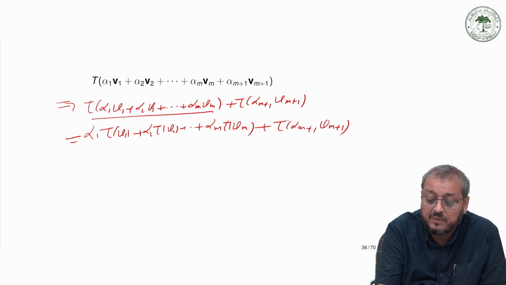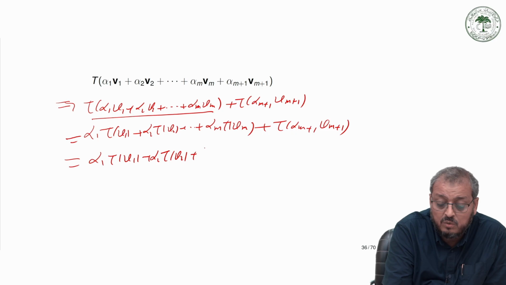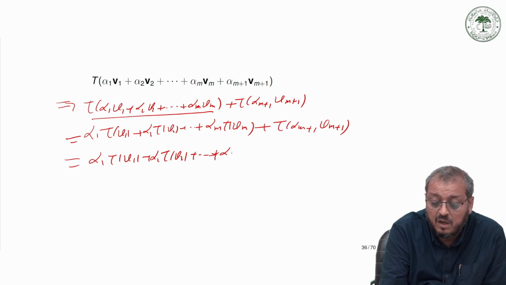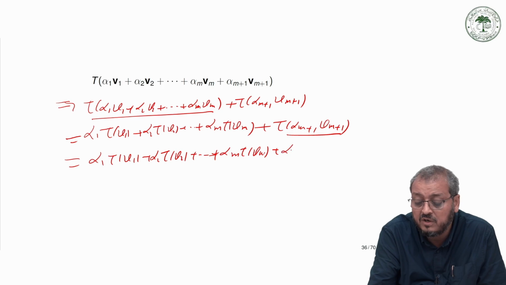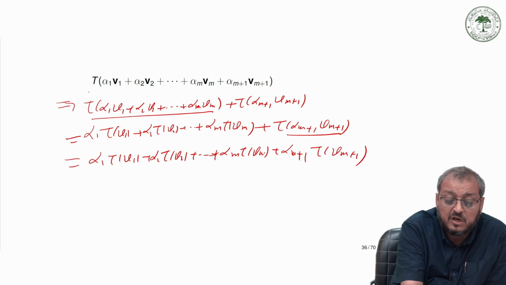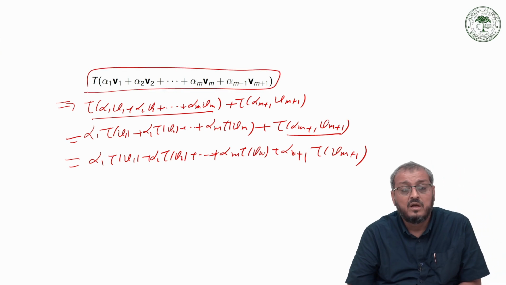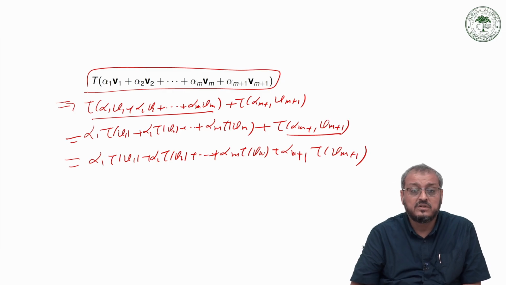Again T is a linear map, so this is alpha 1 T of v1 plus alpha 2 T of v2 plus so on alpha m T of vm, plus, again by the linearity of T, the scalar alpha m plus 1 times T of v m plus 1. And this is nothing but T of alpha 1 v1 plus T of alpha 2 v2 and so on T of alpha m vm.